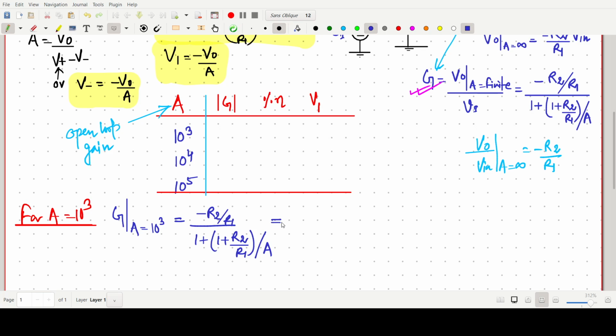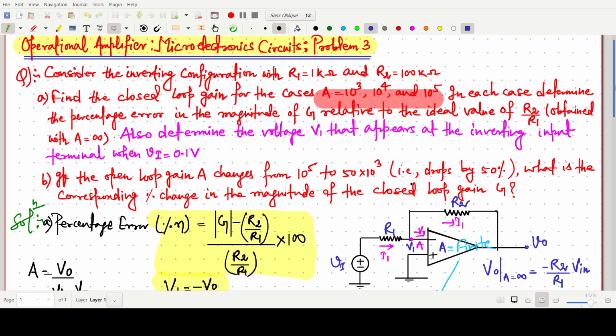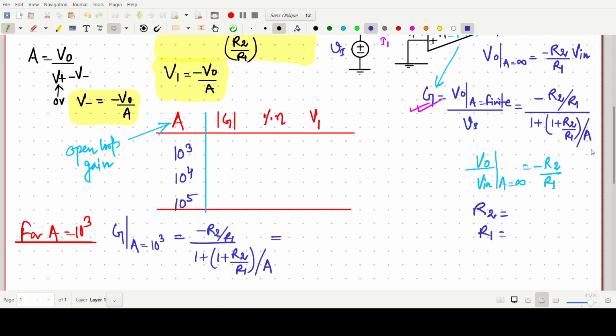So now, R2 and R1 values are given in the question. I will once again show you: R1 is 1 kilo ohm, R2 is 100 kilo ohm. These are the given parameters. So R2 by R1 will be simply minus 100, the kilo cancels.